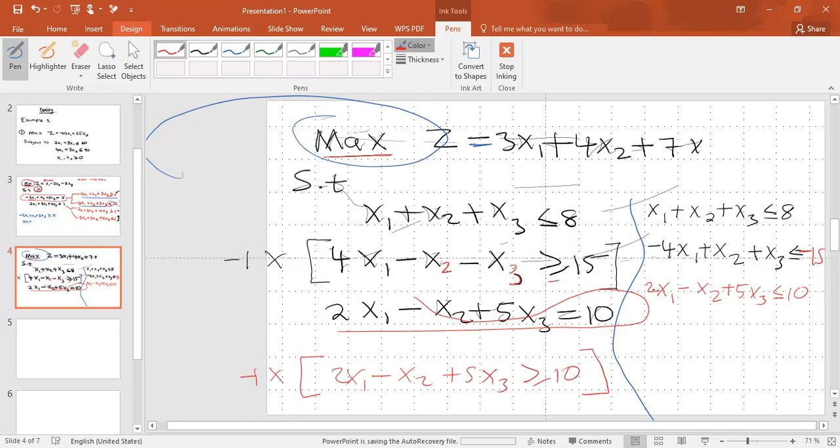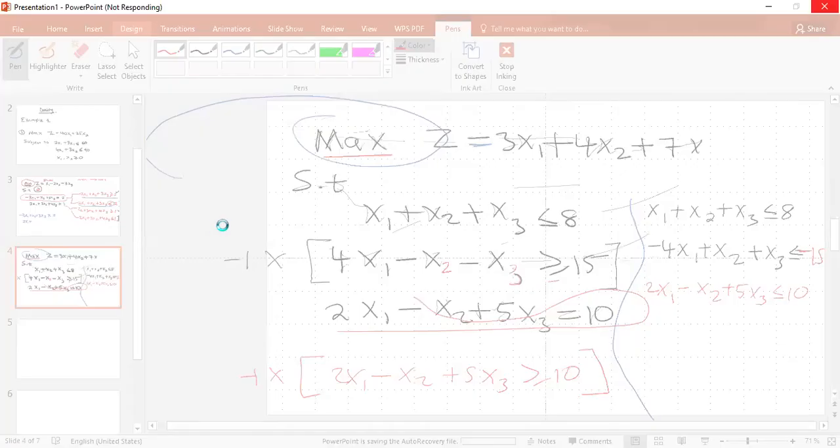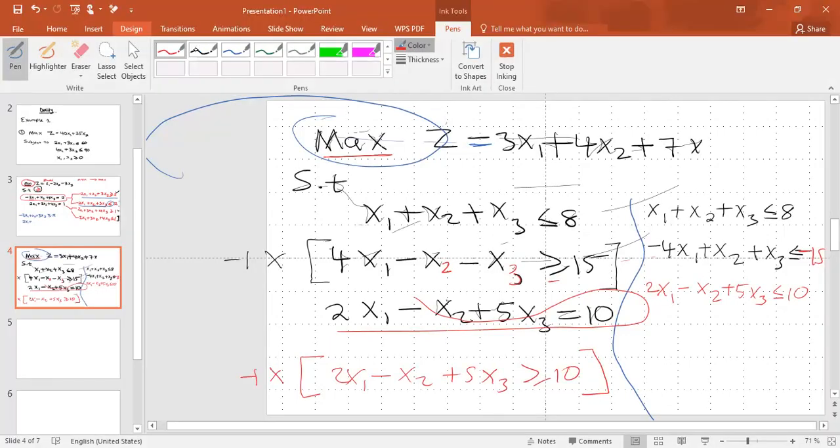So instead of 2x1, I can directly write negative 2x1, then plus x2, then minus 5x3, and the inequality becomes less than or equal to negative 10.